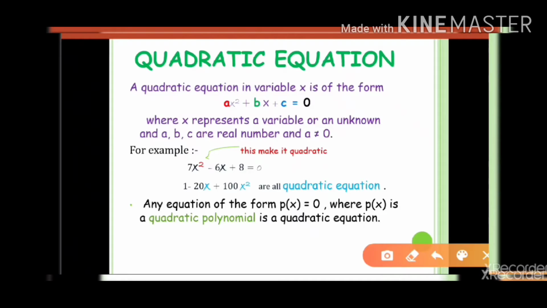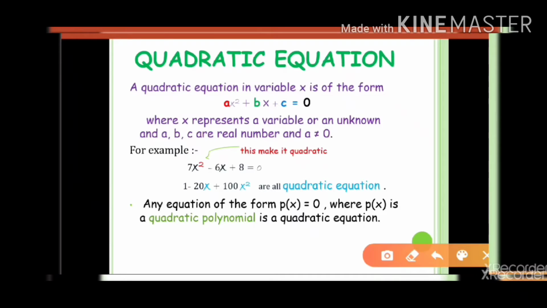Now we take some examples. 7x squared minus 6x plus 8 equal to 0. In this equation, the x square term makes it a quadratic. This term makes this equation quadratic.